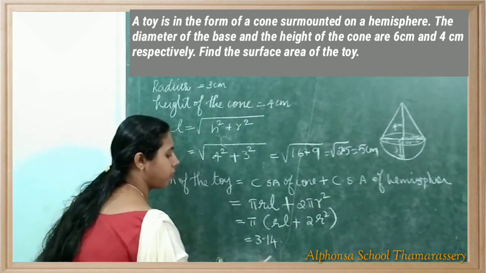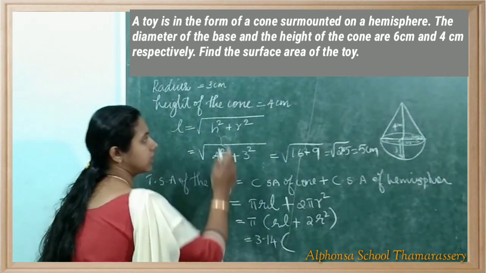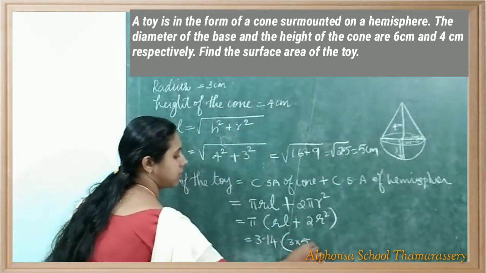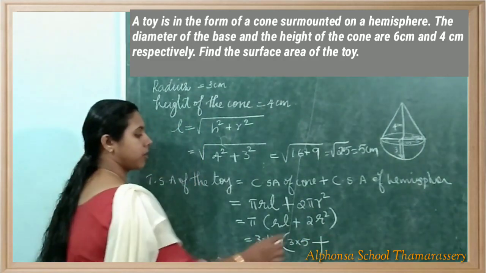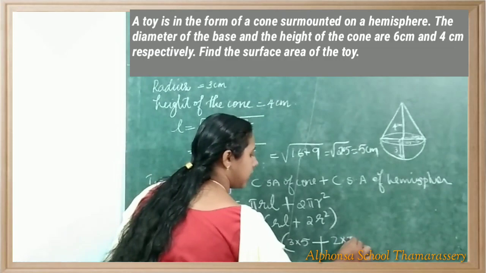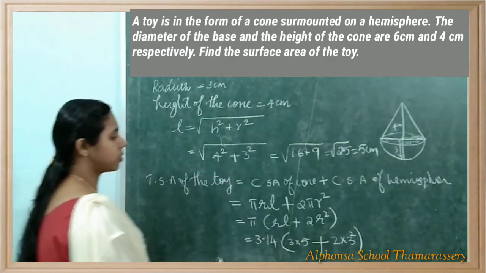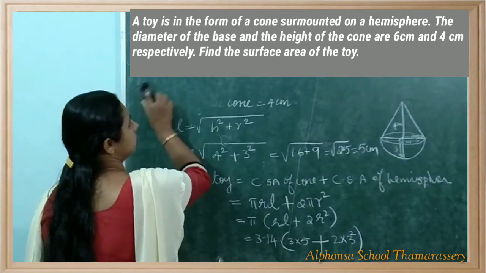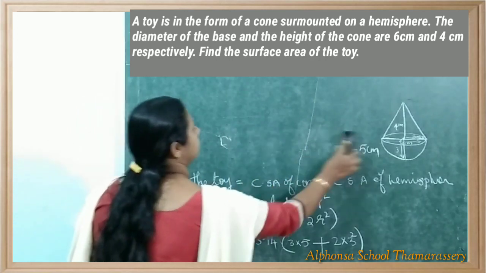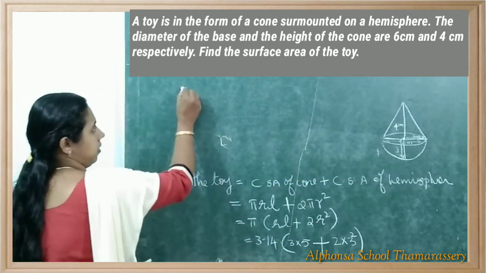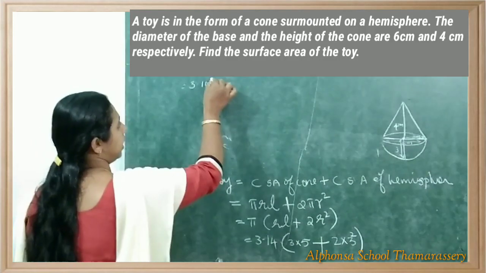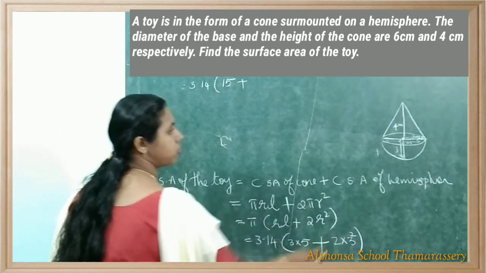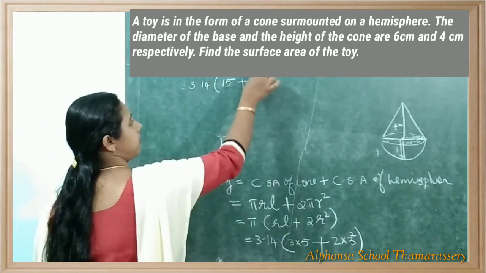Pi value we can substitute as 22 by 7 or 3.14, anything you can use. So 3.14 into radius, that is 3 centimeters, into slant height, 5 centimeters. 3 into 5 plus 2 into r square, 2 into 3 square. So that is equal to 3.14 into 3 fives are 15 plus 2 into 9, 2 nines are 18.